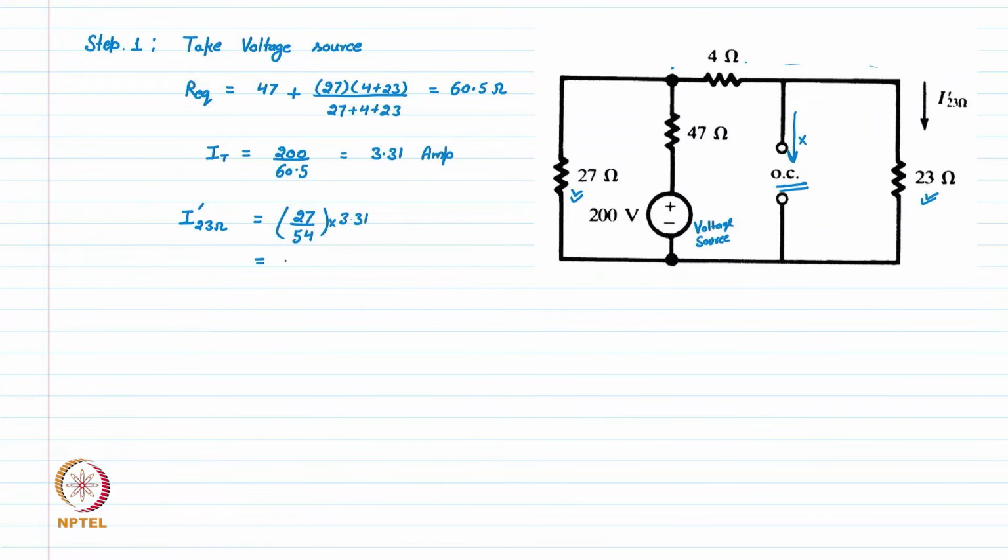This comes as 1.65 amp. So this is the current flowing only because of this voltage source. In step 2, we take only the current source.